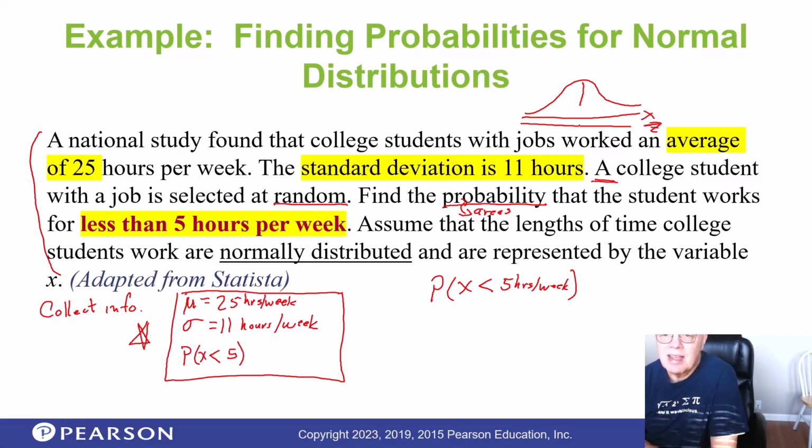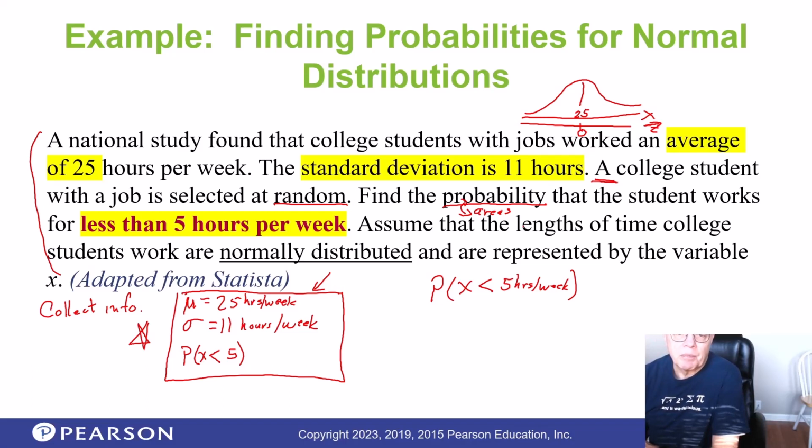Since this is a z-axis, we know that this is going to be 0 because that's a normal distribution. The x, I do know what this will be, because this is the mean right here in the middle. And down here in my info section, I've got 25. So the x value right here in the middle is 25 hours per week, which corresponds to the z of 0 right in the middle.